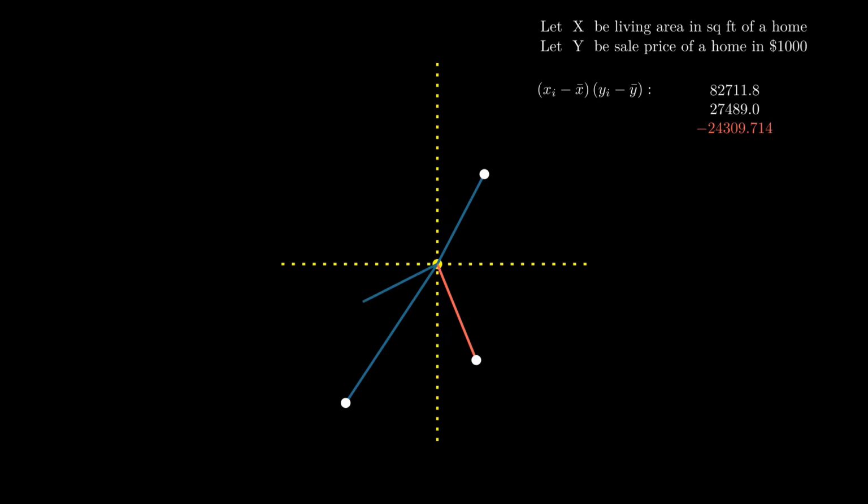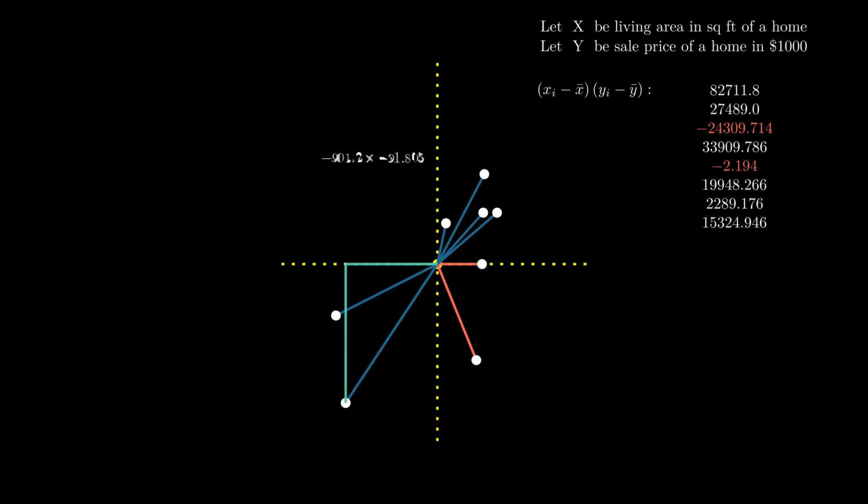So for most of the data points in our sample, an increase in living area, an increase in the x variable from the average, is associated with higher than average sale price, an increase in the y variable, the vertical axis variable. And a decrease in living area from the average is associated with lower than average sale price. But there are a few exceptions, just like the one we have just seen.